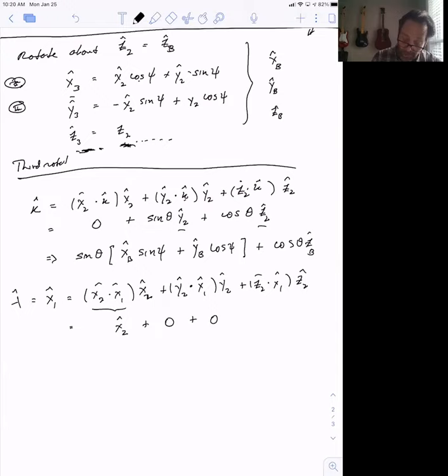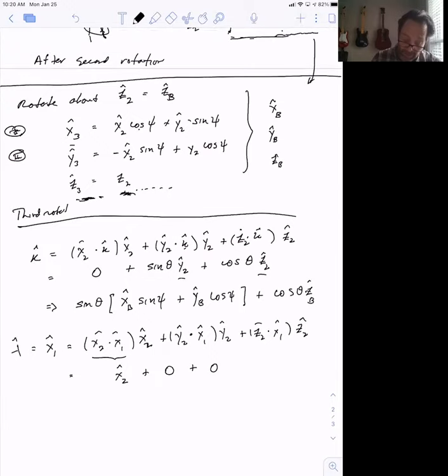And now if I want x2 hat, it should be very quick and easy to get. I go back here to equation 1, equation 2. If I want to get x2, I eliminate y2 here and here. So I multiply the top one by cosine and the bottom one by sine and subtract.